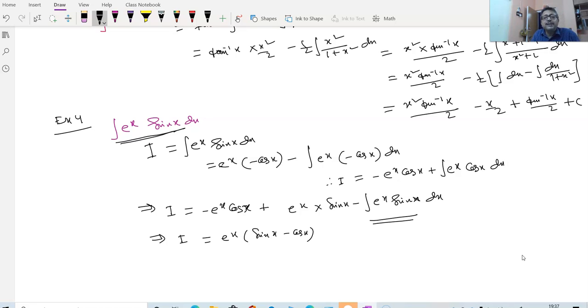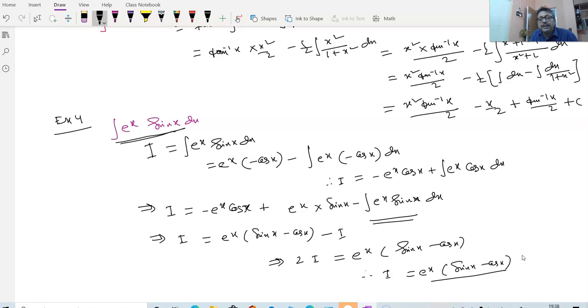Then as the thing comes back on the right hand side, replace this side as minus I and then take I on the left side, it will be 2I equals e to the power x. So I is going to be e to the power x (sin x minus cos x) by 2 plus c, of course you will put there.